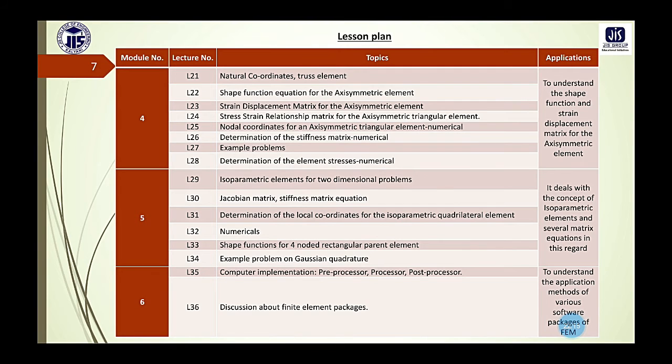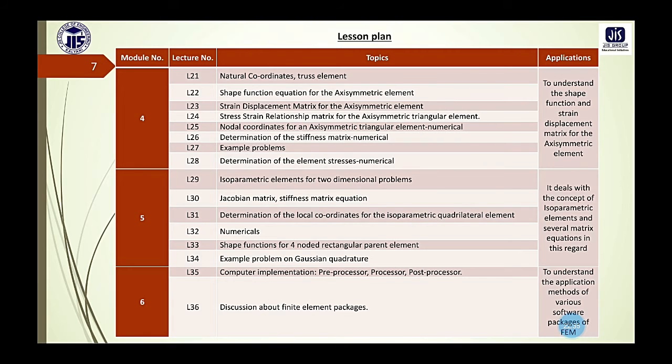Next we are having the fourth module. In this fourth module we will have 8 different lectures where we will study the vector concept. In the earlier module we have studied the scalar concept, and in this fourth module we will study the vector concept for two-dimensional method.